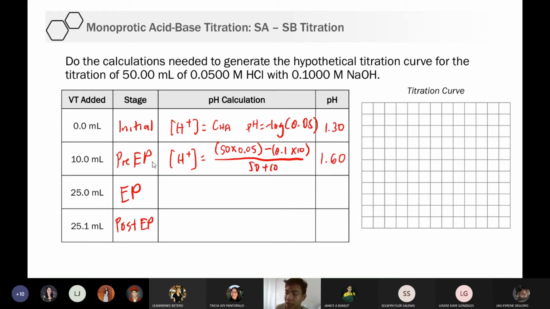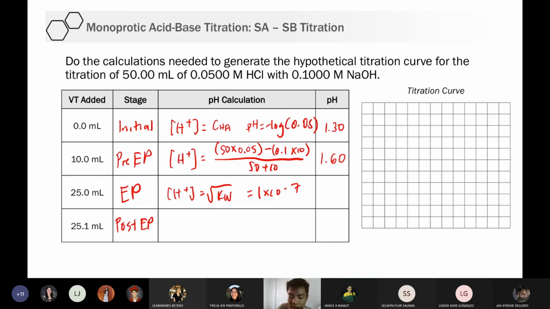Okay. Next one, equivalence point. Anong species ang meron sa equivalence point kapag acid-base tayo? Strong acid, strong base. Ang species na nagko-contribute sa pH ay yung water na lang. Okay? Water na lang yung may dahilan kung bakit may pH reading dito. And we know at neutral pH, the concentration of H plus is square root of Kw. So this is equal to 1 times 10 raised to negative 7.